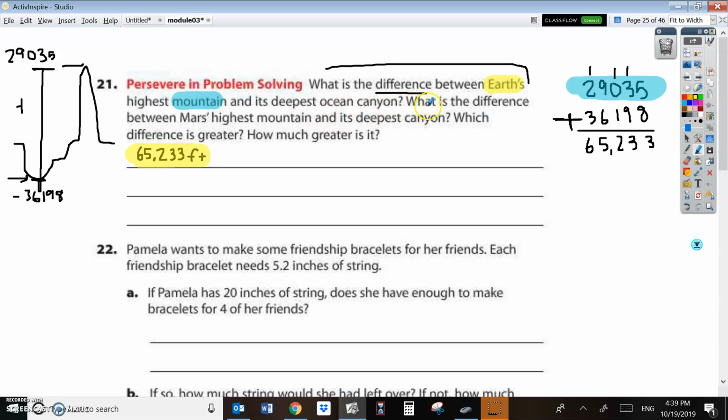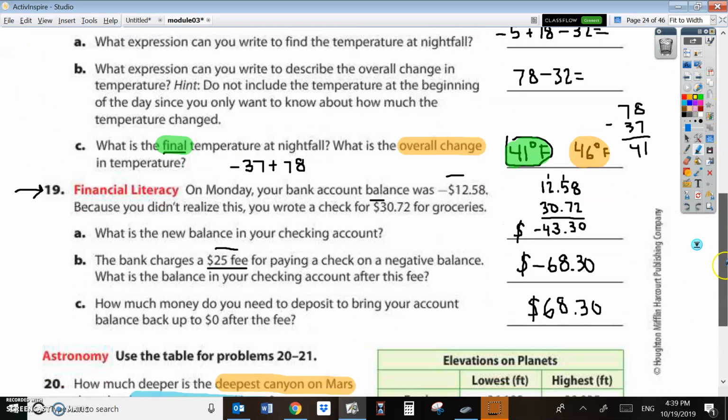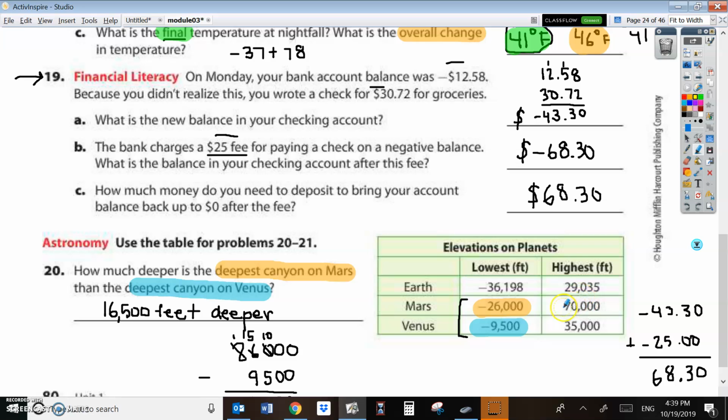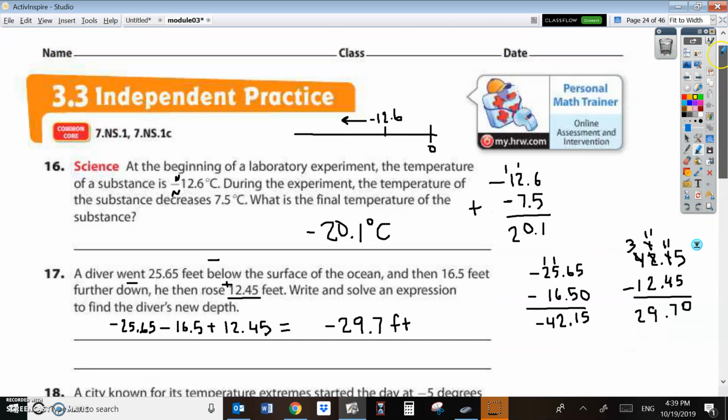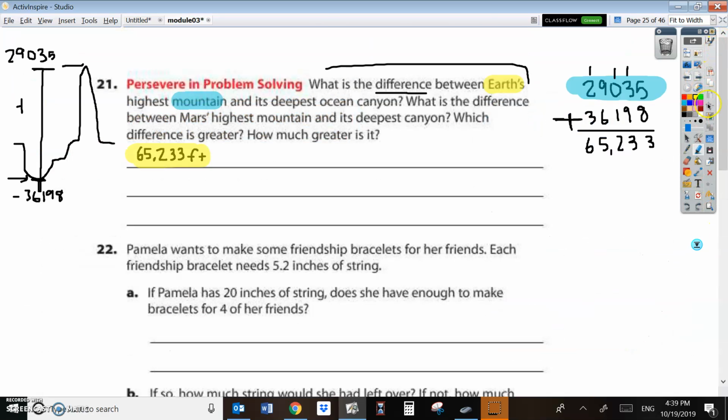Okay, next question. What is the difference between Mars' highest mountain and its deepest canyon? Mars' highest mountain is 70,000 and negative 26,000.